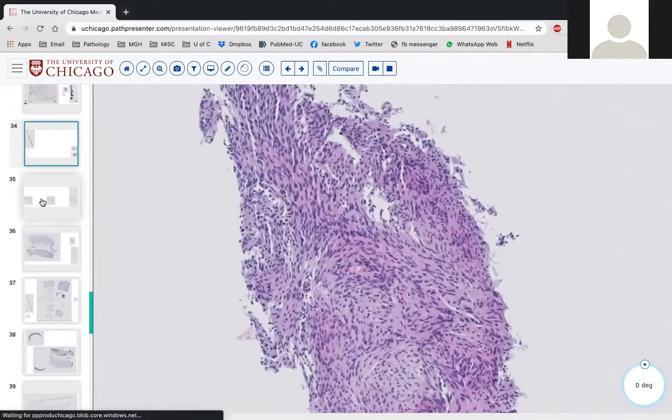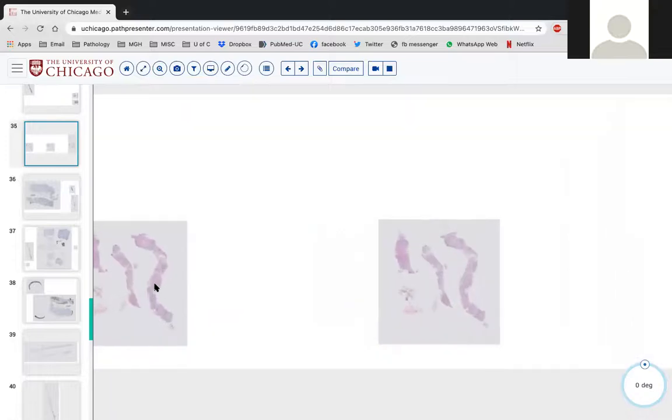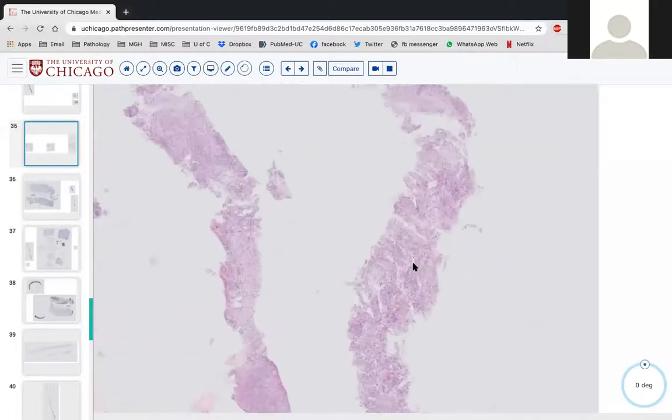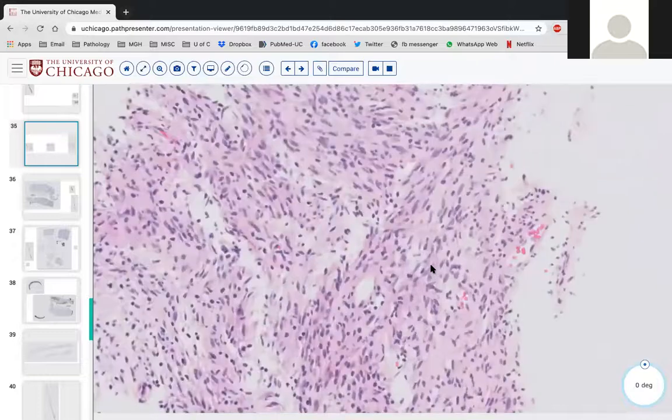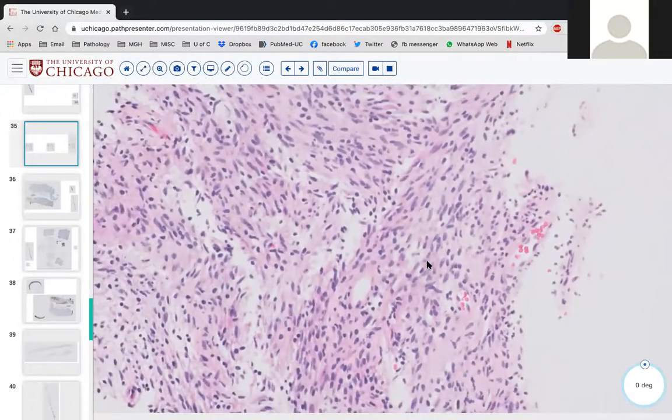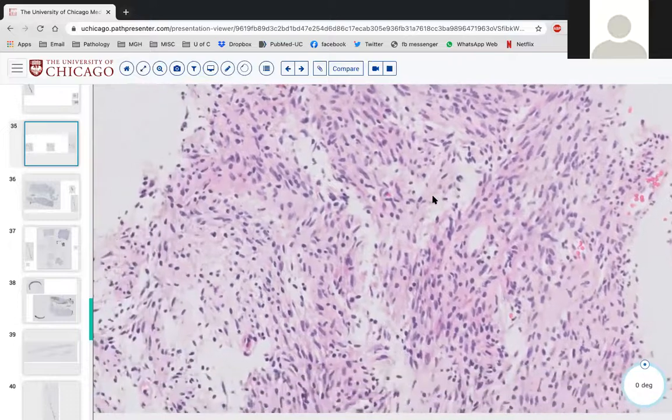Definitely. Let's take a peek at the second one and see if that gives us any additional information. So they went and did another set of cores on the same lesion? They actually did 3 at a time. So I believe there were 3 total blocks, but most of the staining ended up being done on the one with the single core in it.